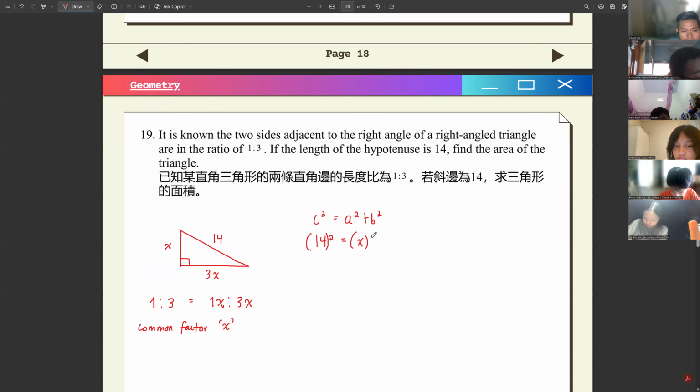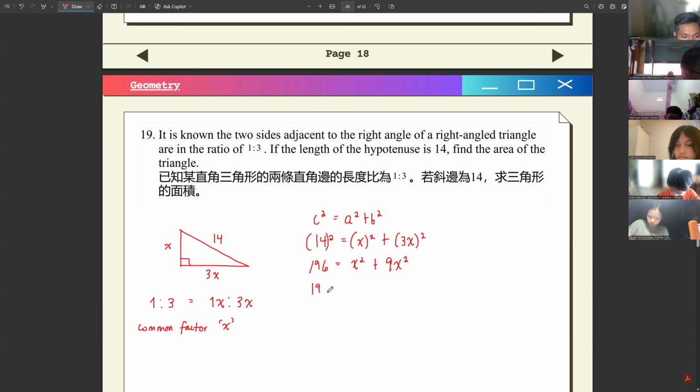Our a is x. Our b is 3x, or the other way around also. We have 196, right? x squared. Distribute the exponent. 3 squared is 9. x squared is x squared.